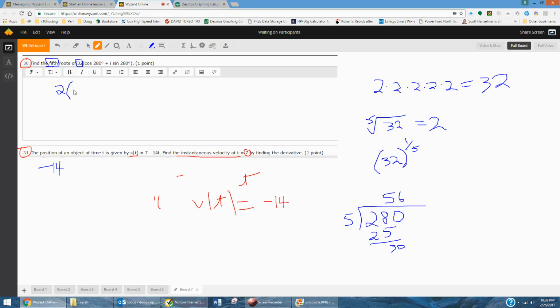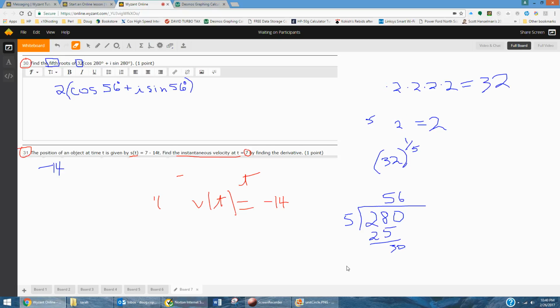So the first fifth root of this complex number is 2 times the cosine of 56 plus i sine of 56. And I know you have no idea what this means. But you could figure out the sine of 56, and you'd get a number, and you could substitute it in, and you'd be converting this to rectangular coordinates. So we're giving complex coordinates for this complex number.